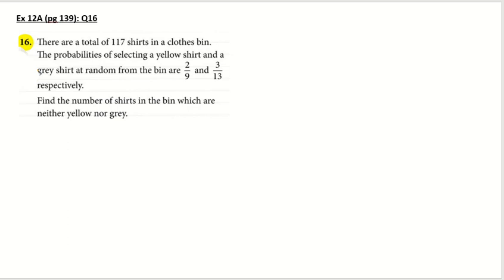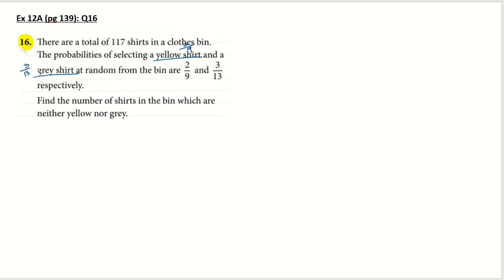Do make sure that you have at least started on the question before you continue with checking the solution. So the question is the number of shirts in the bin which are neither yellow nor gray, right? Coming back to the question, you know that yellow is 2 out of 9 and a gray shirt is 3 out of 13.